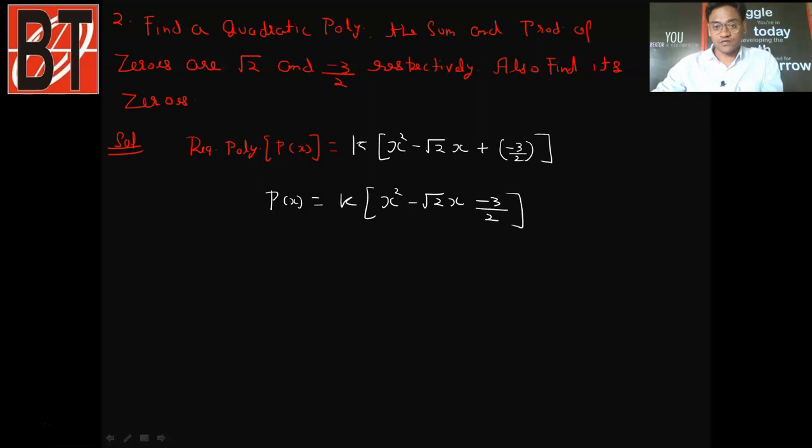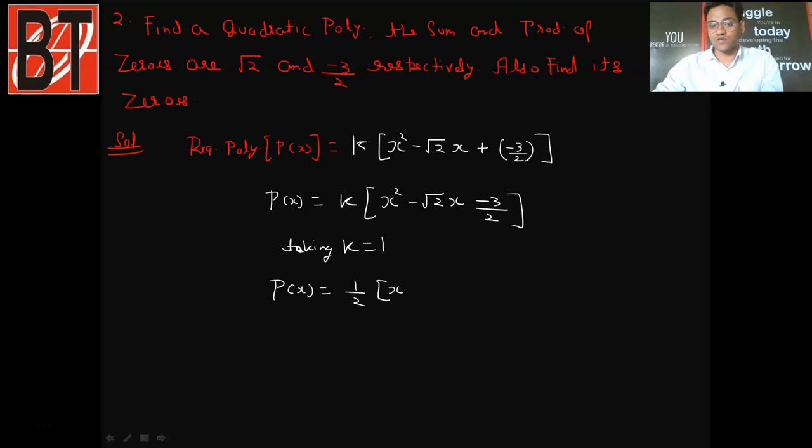Now if you take 2 as LCM and k value as 1, as we did in the last question, I am going to get 1 by 2 outside.